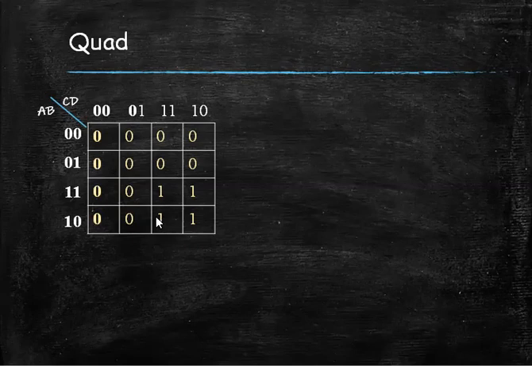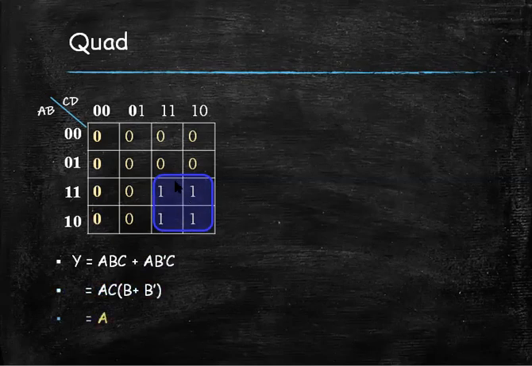Then the remaining variables are A and C. In this quad we get AC as the result.